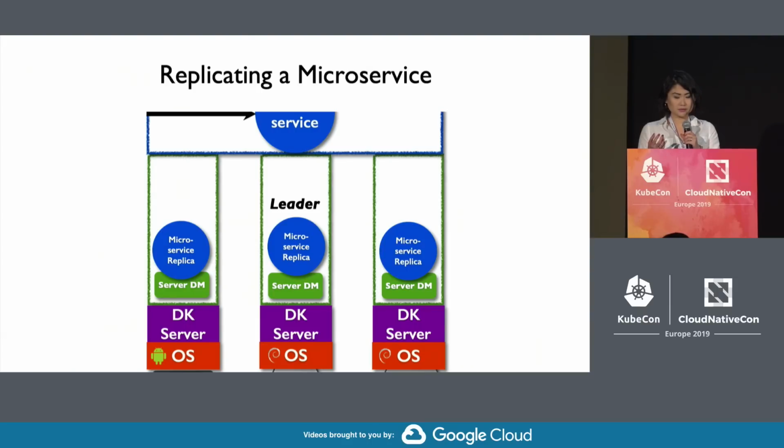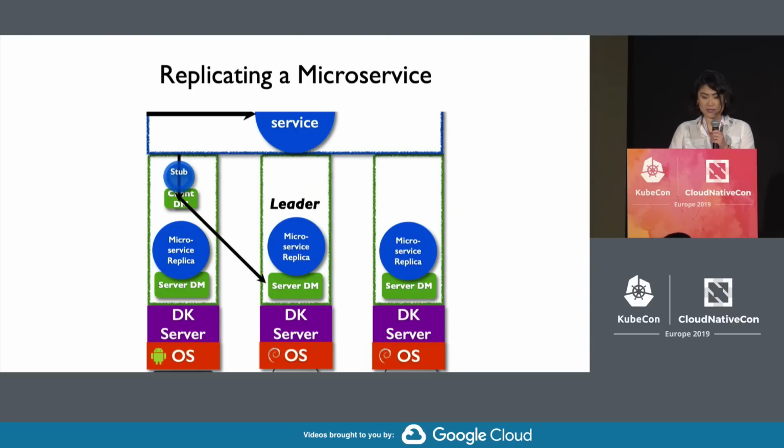Then, whenever we start actually running the microservice, we are going to choose a leader for the microservice out of the 3 replicas. And any calls that come from inside the application are actually going to be forwarded to the leader first. The server deployment manager will then replicate that call to the other copies and upcall into all 3 copies at the same time before replying with the response to the client.